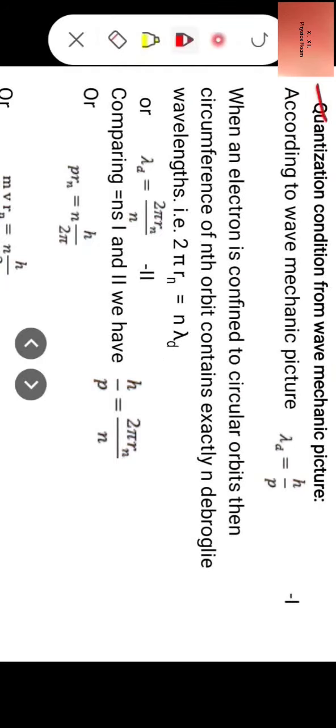Now, quantization condition from the wave mechanic picture. According to the wave mechanic picture, lambda de Broglie, that is lambda d, is equal to h by p. Let us mark it as equation 1.